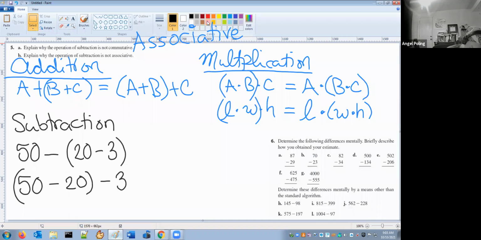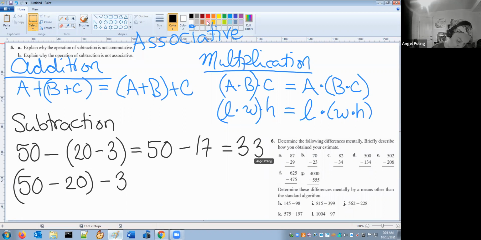Okay, so in order of operations, this is then 50 minus 17, right? Which is 33, versus 50 minus 20, which is 30. Take away 3 gives us 27.